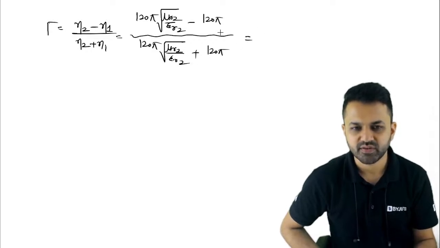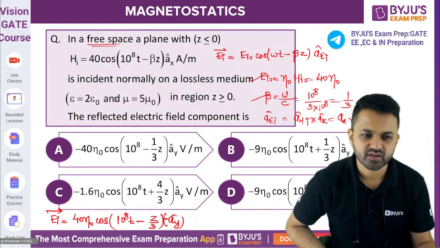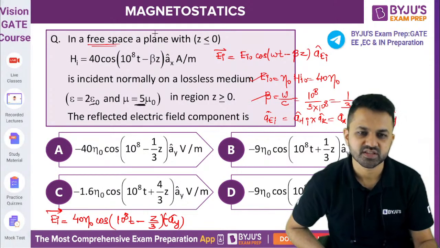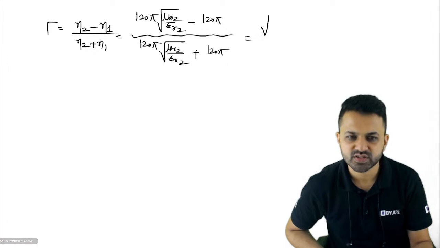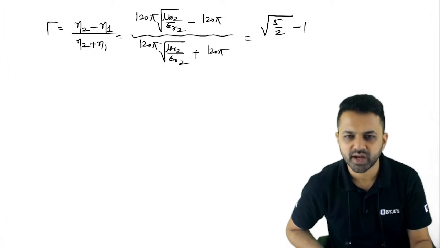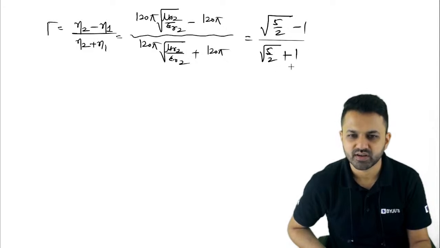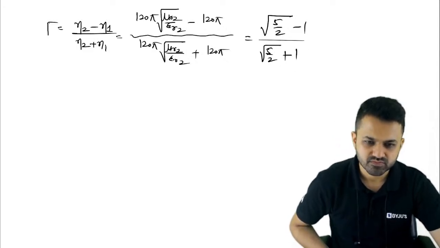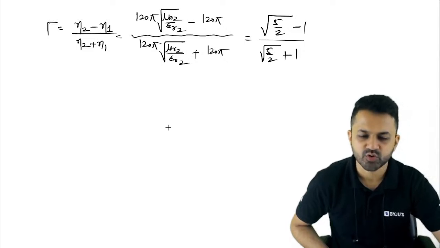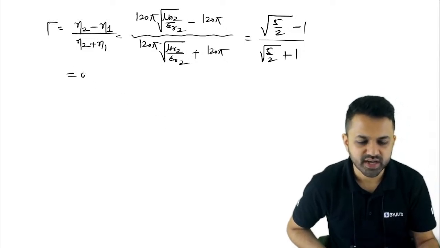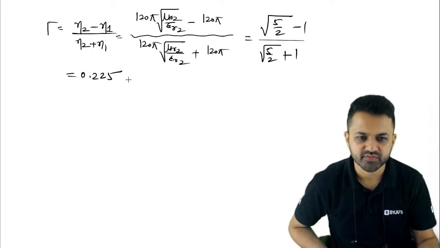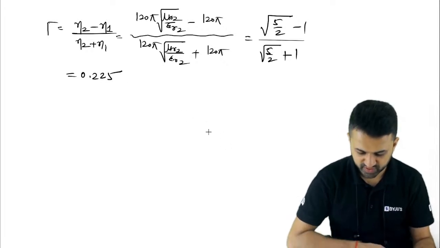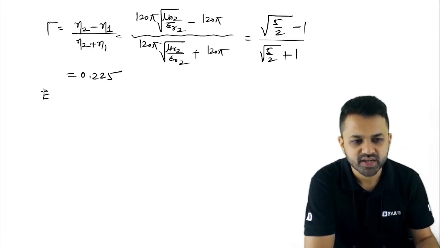So this 120 pi will get cancelled, and this is 5 and 2. 5 and 2 it is given, so root over 5 by 2 minus 1 divided by root over 5 by 2 plus 1. So how much it is? 0.225. So we are getting 0.225.